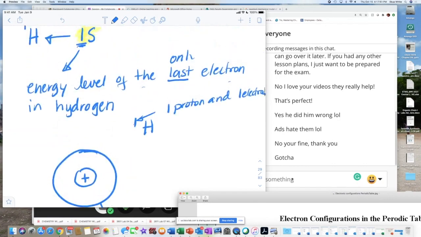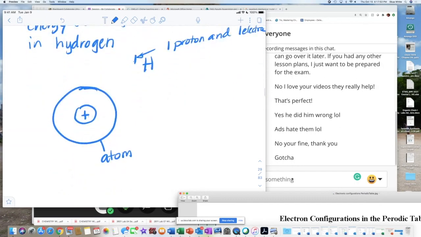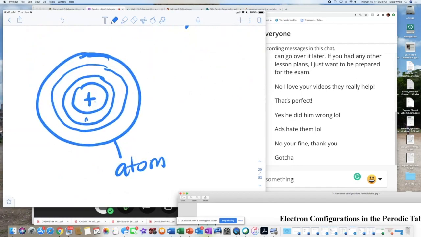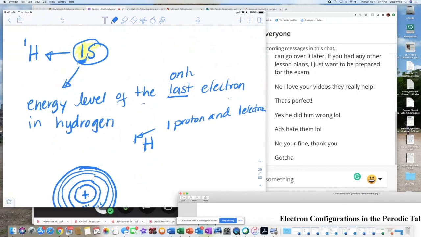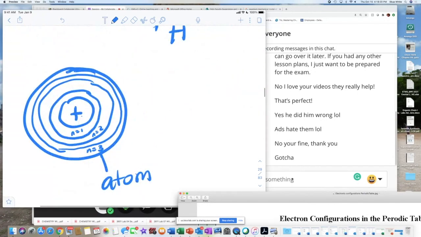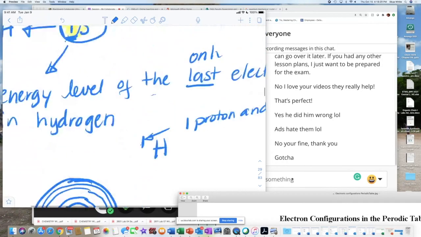Based on this label 1s, 1 means even though you have many energy levels in here, I'll just label this one here. Energy level 1, energy level 2, and then there's many of them in here. Let me say energy level 3. It's hard to draw these circles. That 1 electron is in energy level 1. So I'll place the electron right here. Hydrogen only has 1 electron and it's on energy level 1. So that's it. And then it says right here, it's 1s.